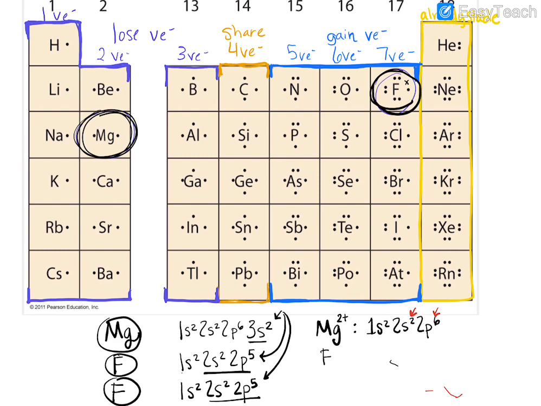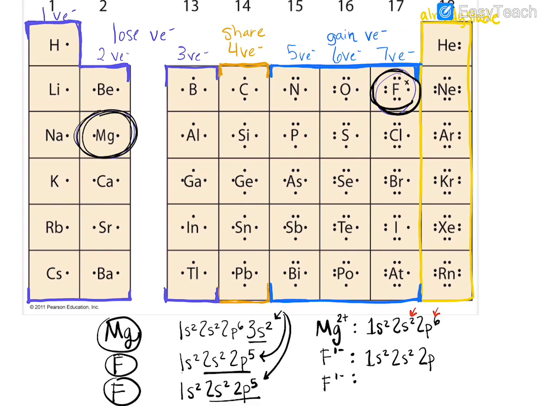And each of these fluorines, and again, don't you worry about the charges right now, but when it becomes an ion, I'm just giving you an idea of how these valence electrons can really show us how chemical bonding takes place, all right? Each fluorine was 1s2, 2s2, 2p5, but each one received an electron from magnesium, okay?